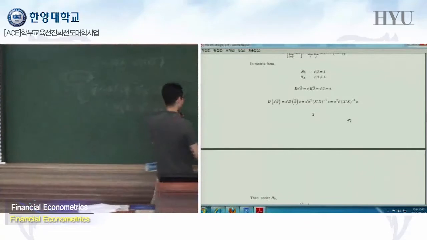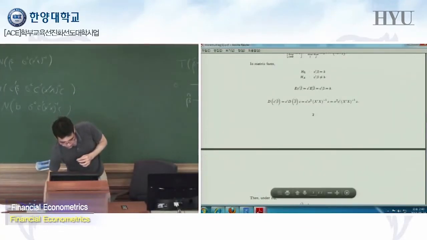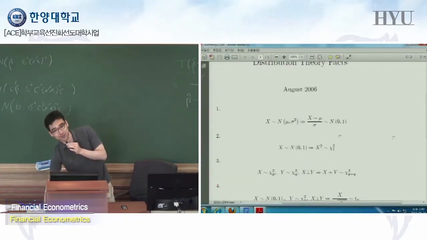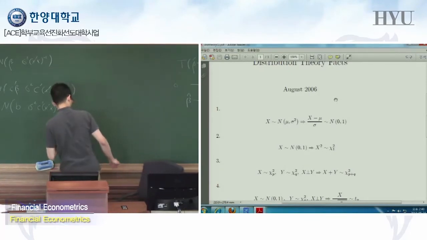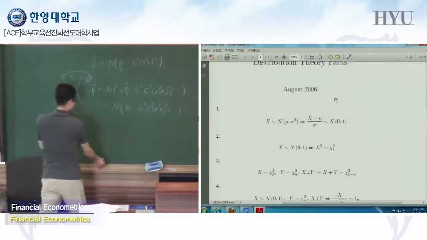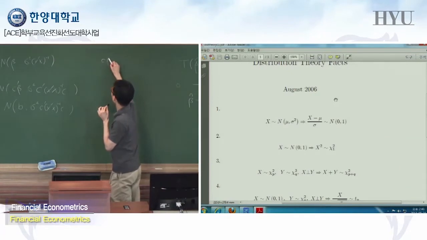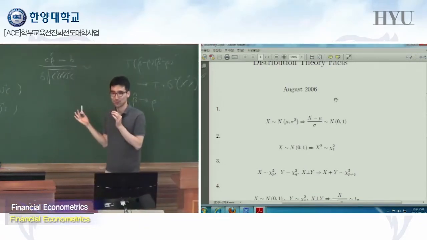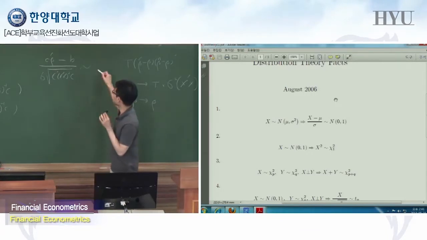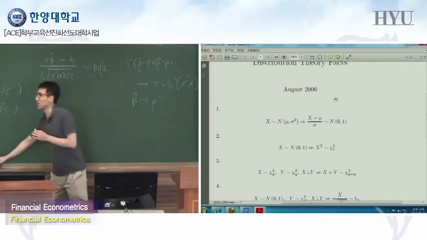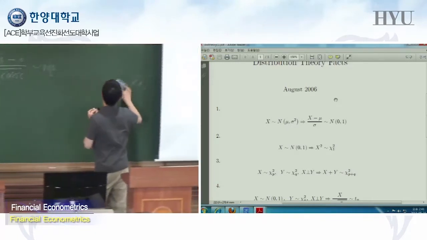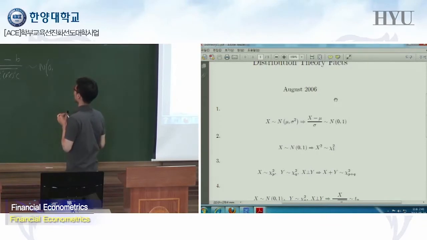Therefore, using this normalization property, we have (C prime beta hat minus b) divided by sigma times the root of C prime (X prime X) inverse C, which should follow a normal distribution with mean 0 and variance I, and here it is actually 1.